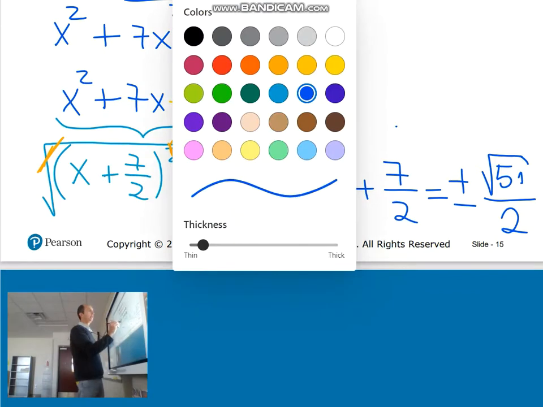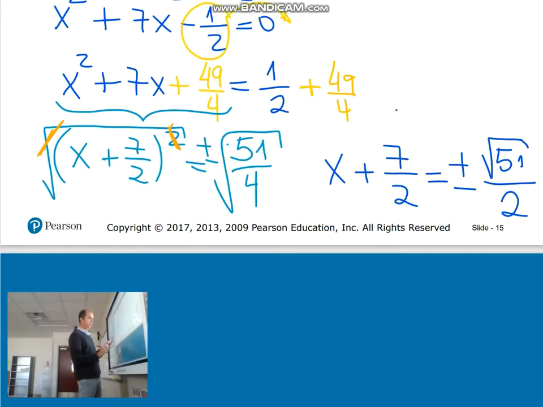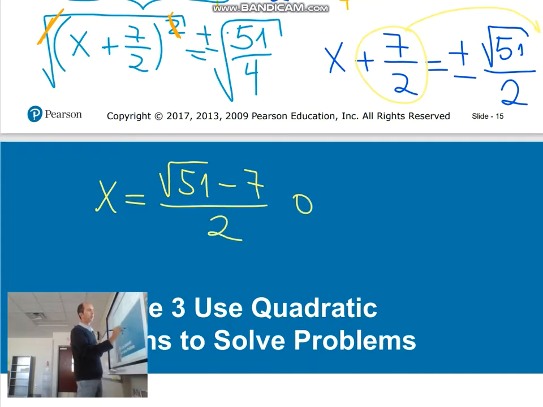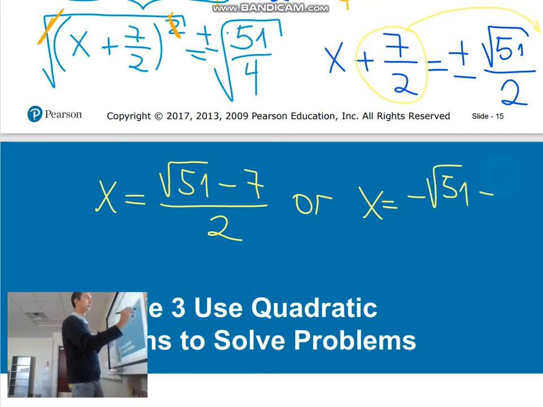Nice. Let me use this space here. We have x equals, and this will move to the other side with a negative, and we will have positive square root of 51 over 2 minus 7/2, or x equals negative square root of 51 over 2 minus 7/2.